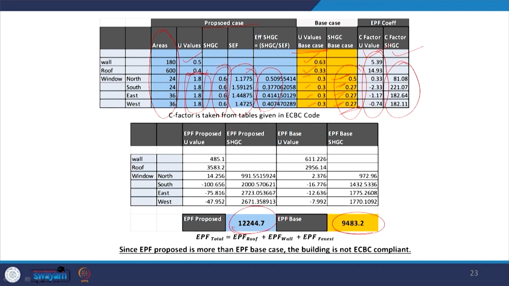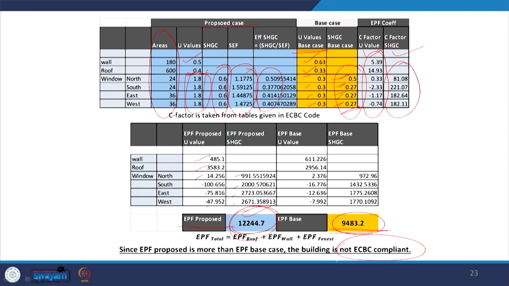We calculate the total EPF of the proposed case here, individually the EPF for each of these components, and then the total one here. Here we see that the EPF of the proposed case is higher than that of the base case, and hence this building will not be an ECBC compliant building.